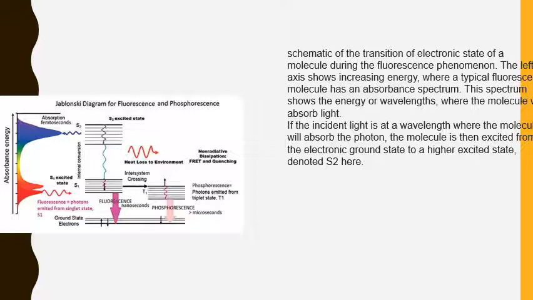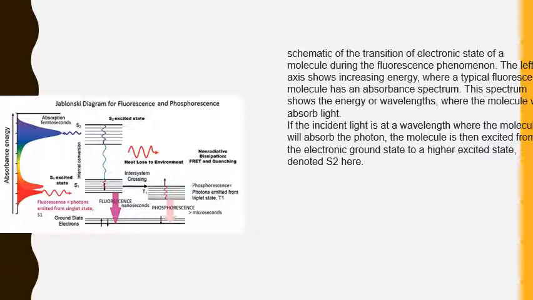Here we have shown many things. From the ground state, you give absorption, and then we have some transition from S2 to S1. First, the absorption is shown, then emission will take place, and emission is shown from the singlet state to the ground state.